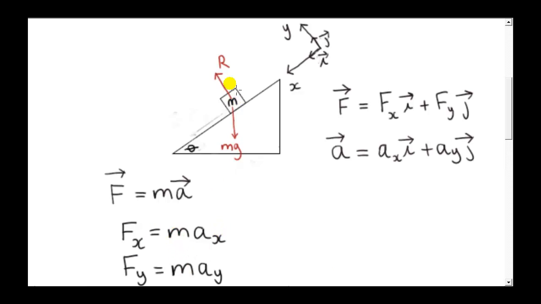Okay, so now let's get back to this problem. Let's look at the x component of the resultant force on the particle. So we want F sub x. Well, we can see that R has no component in the x direction, whereas the weight does. Let's resolve the weight vector into its x and y components. Its x component points down the incline in the direction of the positive x-axis.